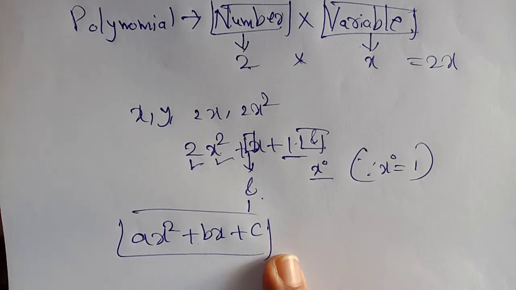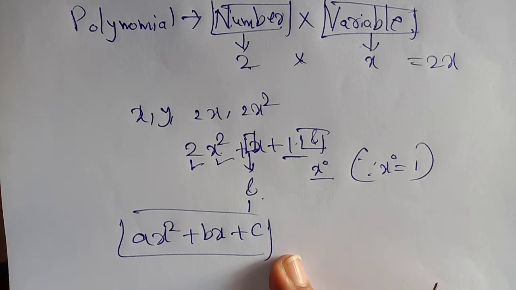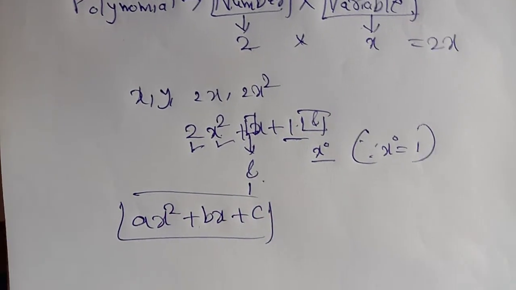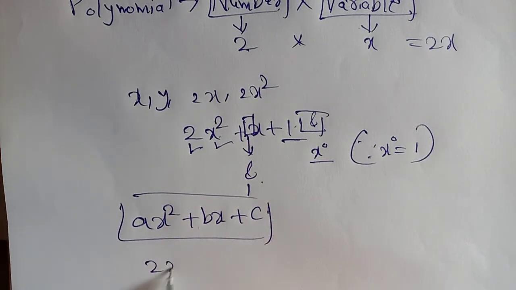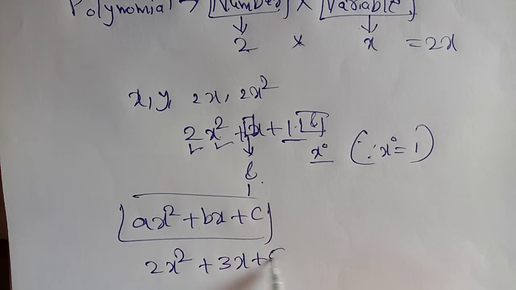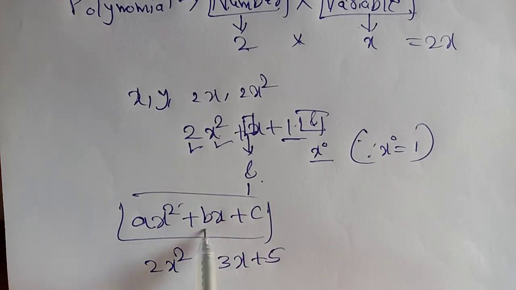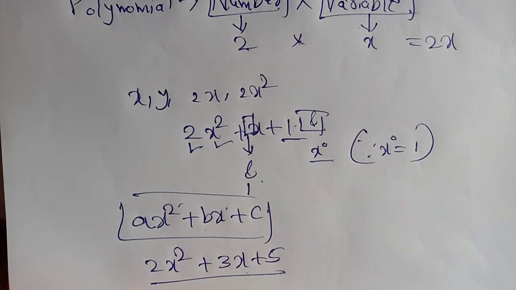Okay students, and one more thing we have to understand here: what is a term. In this, these are the terms. So an example I will write here, 2x square plus 3x plus 5. We can see this one, is it in the form of ax square plus bx plus c? Yes, it is in the form of ax square plus bx plus c.